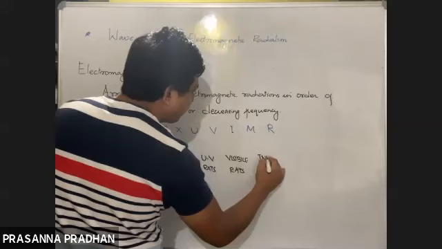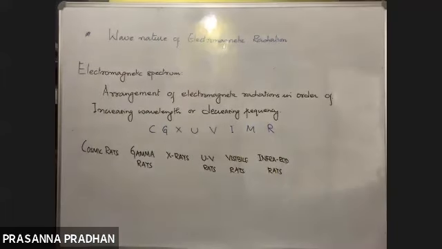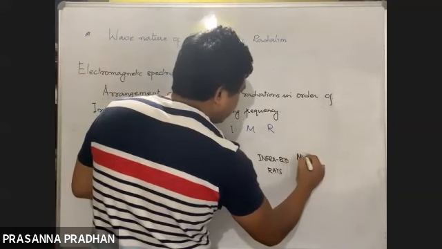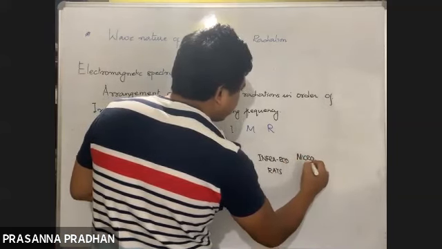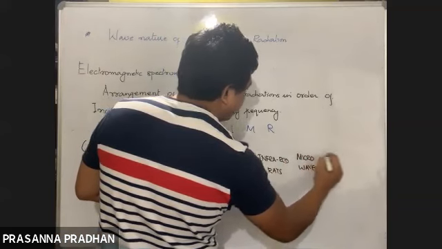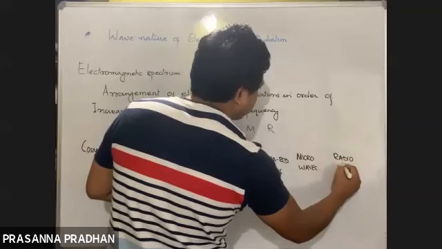Infrared. It stands for infrared rays. What does M stand for? Microwaves. And the most important of all, R stands for radio waves, which we can listen to.